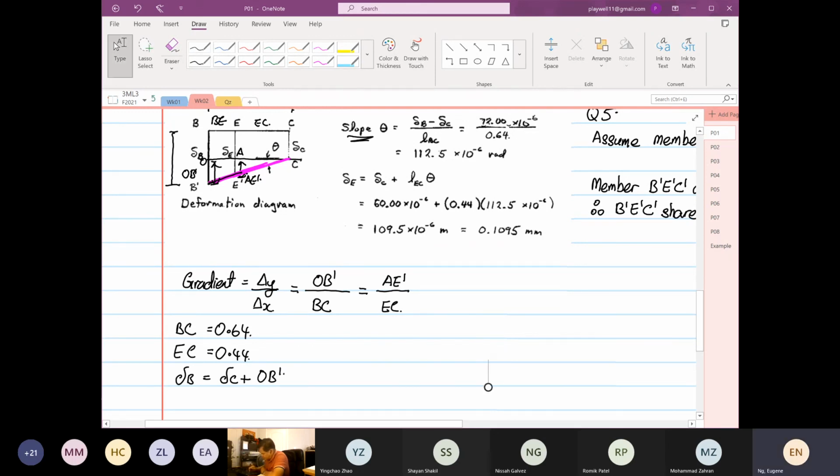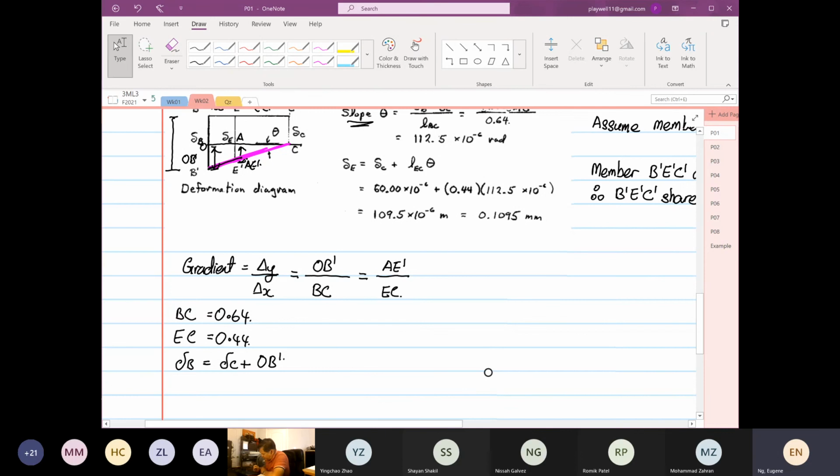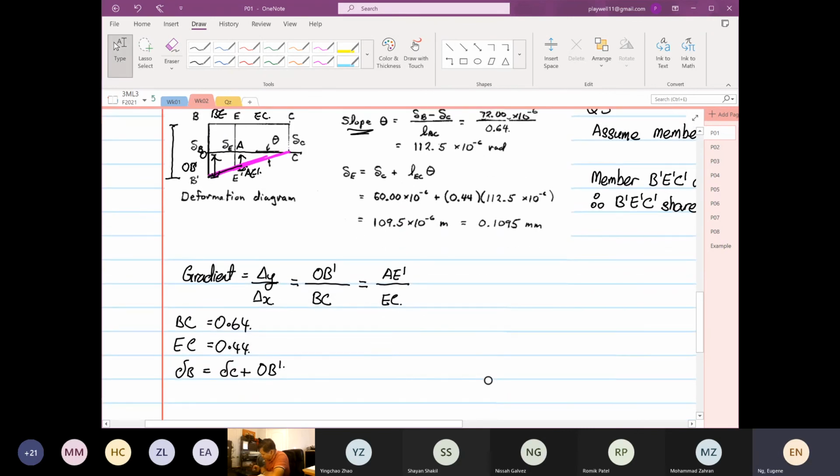So to find OB prime, OB prime is equal to the deflection of B minus the deflection of C.